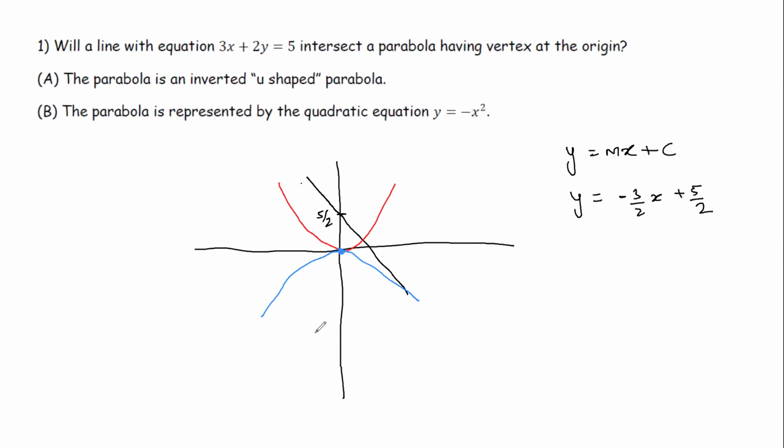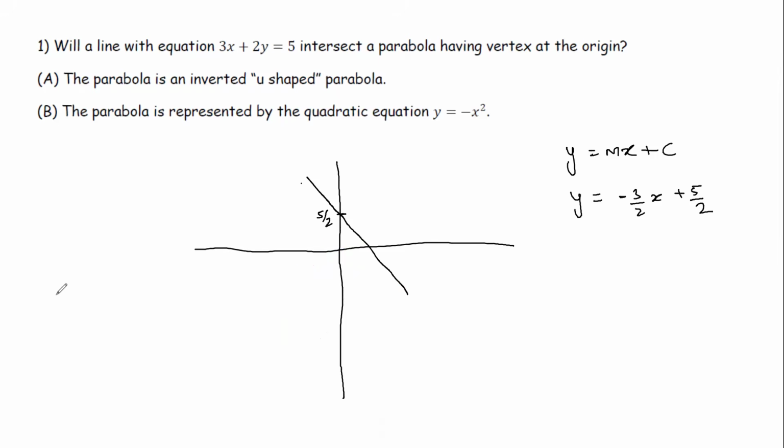So as you can see from my drawing, it seems that if it's U-shaped it intersects, and if it's the blue one it intersects. But if I draw a pink one, then it will not intersect, right?